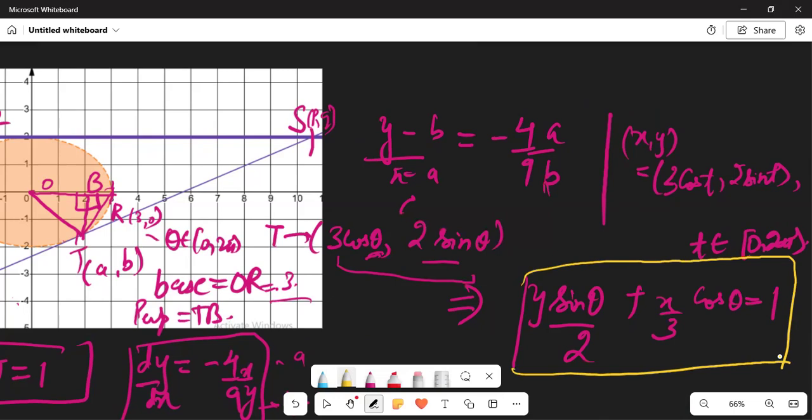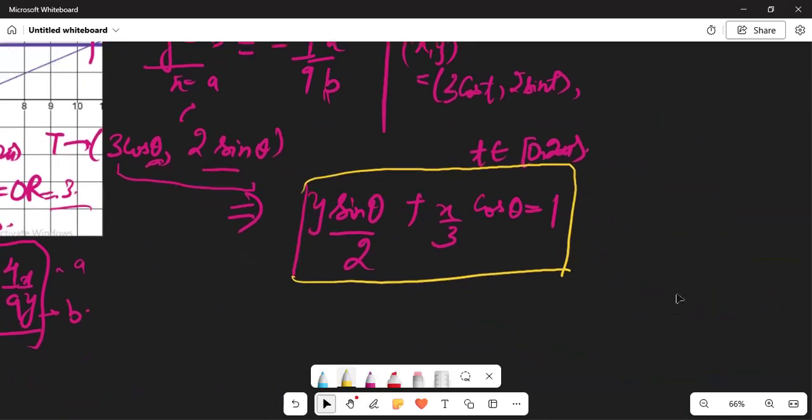Now, since S also lies on this tangent line, and we know that the x coordinate is p and the y coordinate is 2, substituting it here, you get 2 sin theta upon 2 plus p upon 3 cos theta equals 1. Once we find theta, we are able to find p.